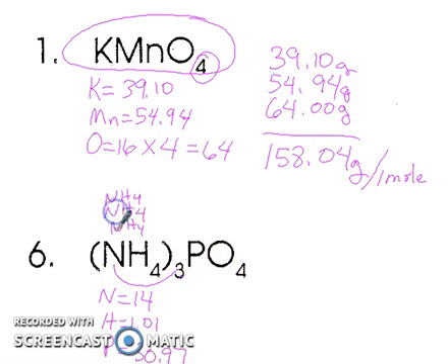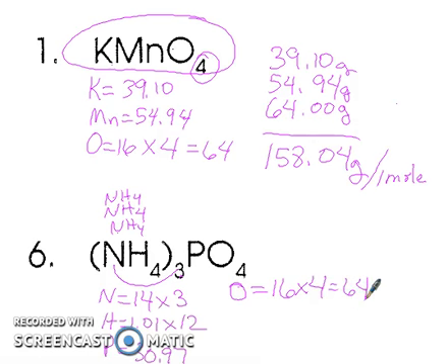So I have 1, 2, 3 nitrogens, so I'm going to multiply this by 3. I have 12 hydrogens, so I'm going to multiply that by 12. I have 1 phosphorus, so it's just 1. I'm not going to do times 1. And then it's 4 oxygen. So oxygen, we already know, weighs 16. We multiply that by 4.